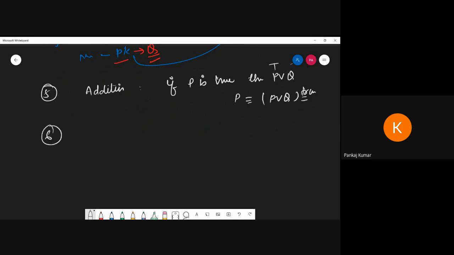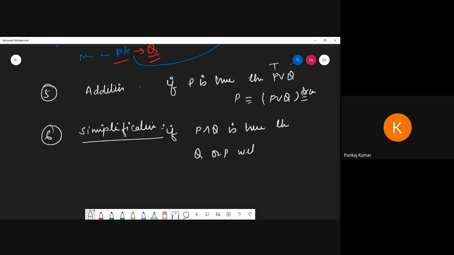Sixth one, simplification. Now if P intersection Q is true, अगर ये true है, then we have to implement that Q or P will also be true.